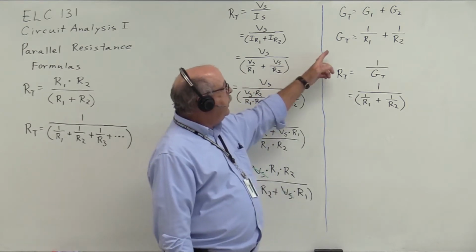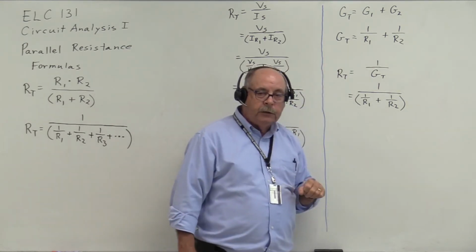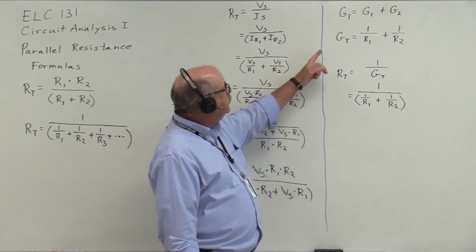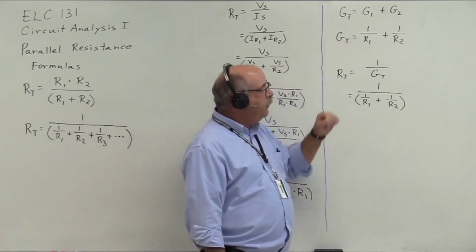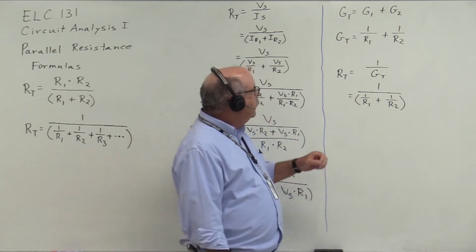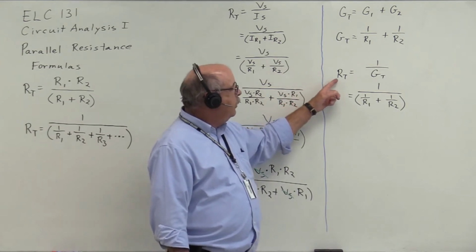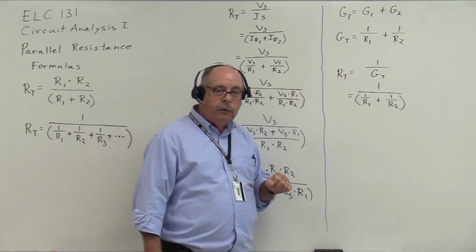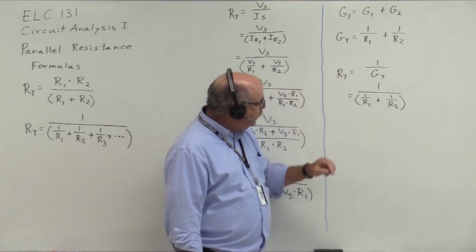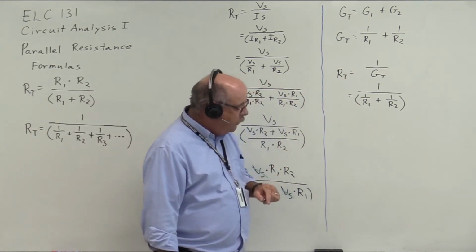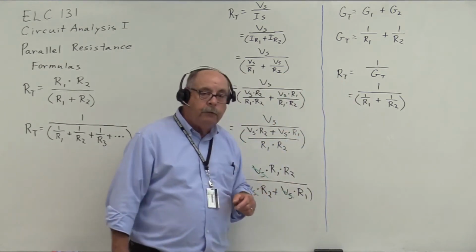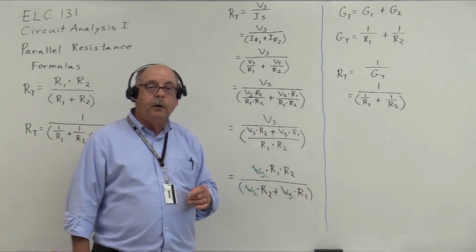And substituting in from our definition of conductance, where conductance is the reciprocal of resistance, we have that G total equals 1 over R1 plus 1 over R2. Now, since R total equals 1 over G total, I can substitute this in for G total. So R total equals 1 over the quantity 1 over R1 plus 1 over R2.